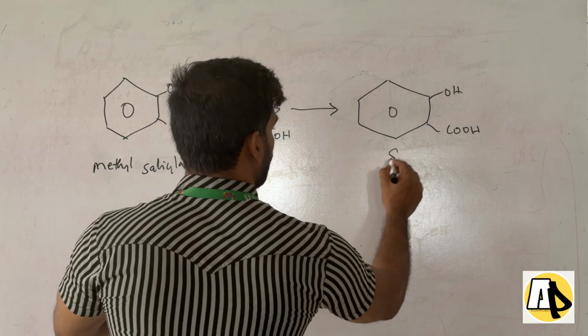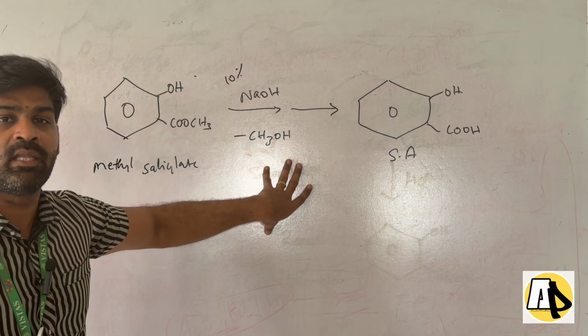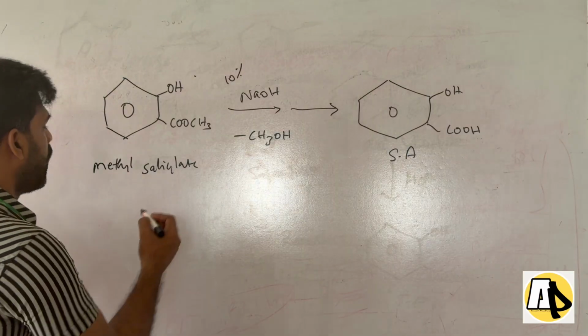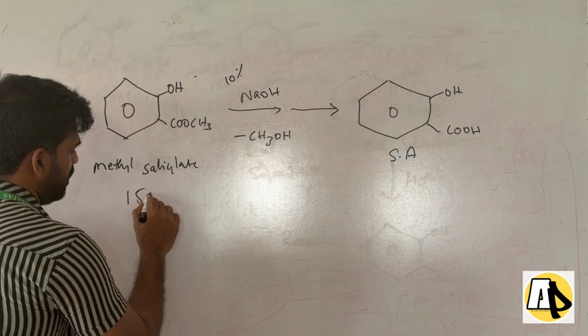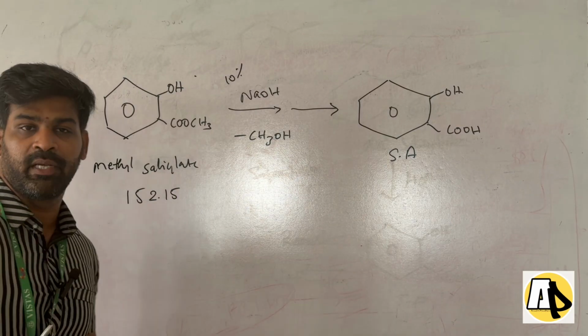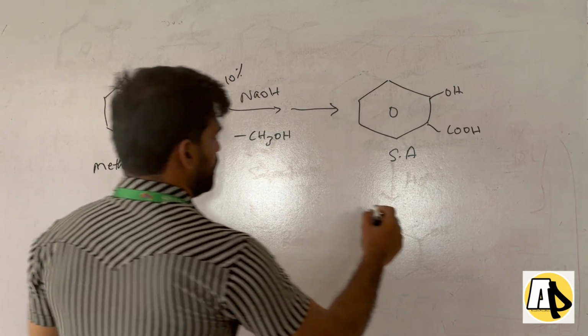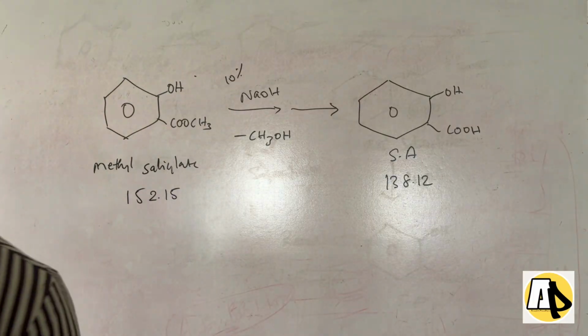Now we have condensed this reaction to calculate the practical yield. What is the molecular weight of methyl salicylate? 152.15. What is the molecular weight of salicylic acid? 138.12.